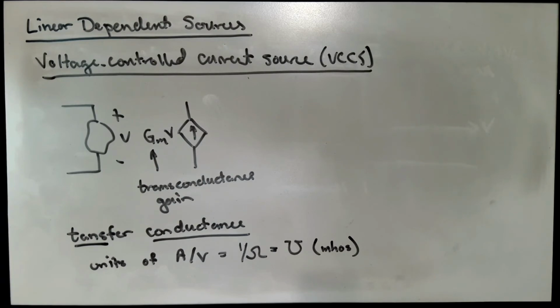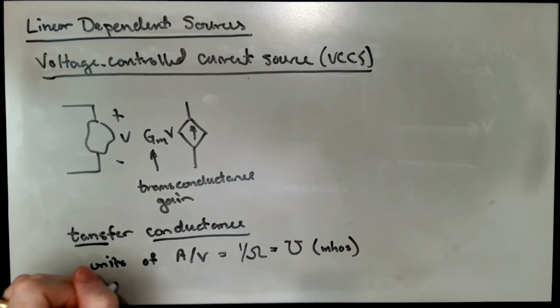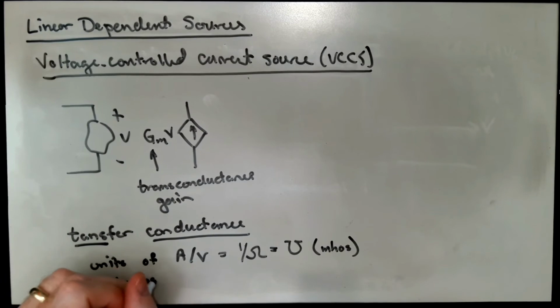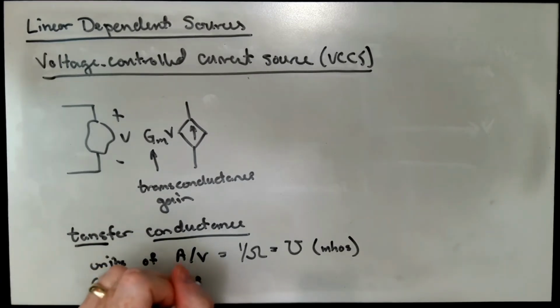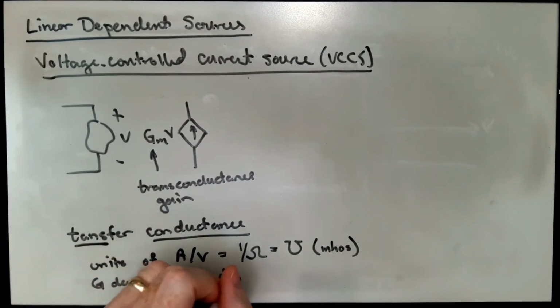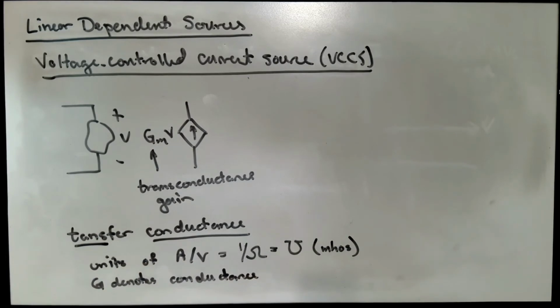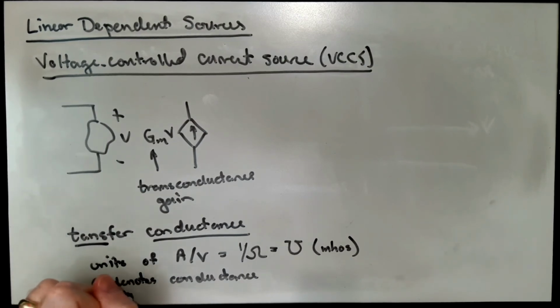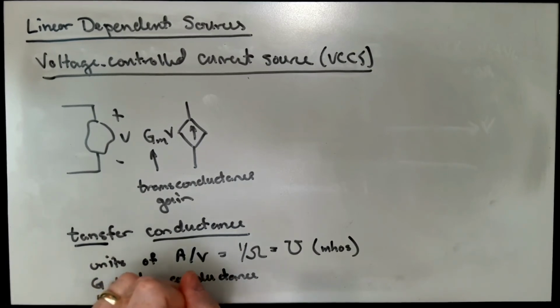Now the symbol G is the one that we customarily use for conductance. So G denotes conductance by convention. So you may be wondering what the subscript of m means. The m stands for mutual.